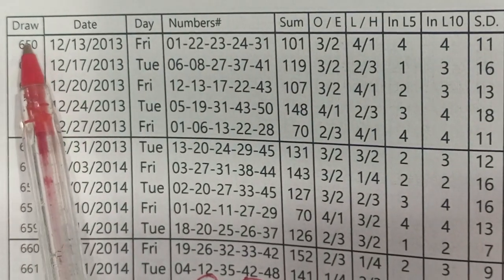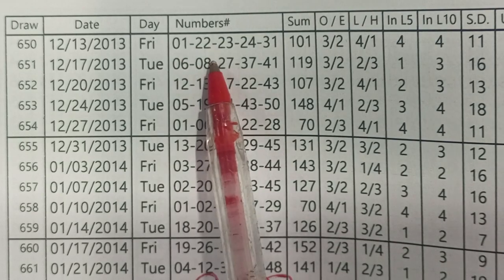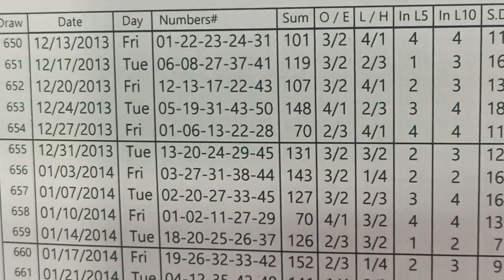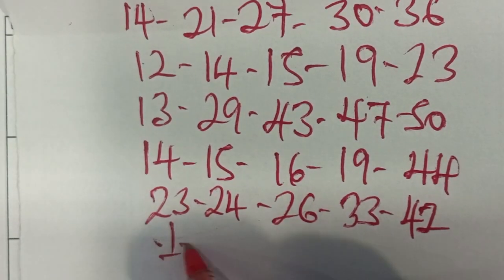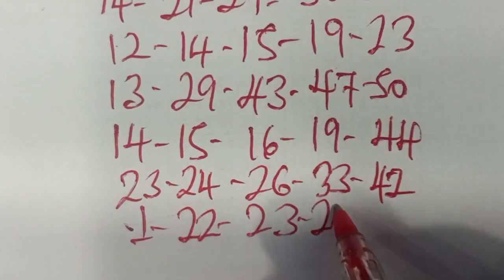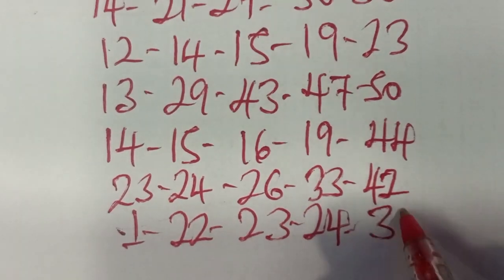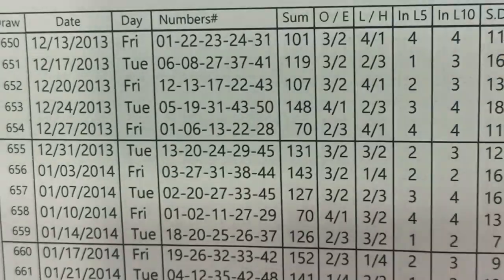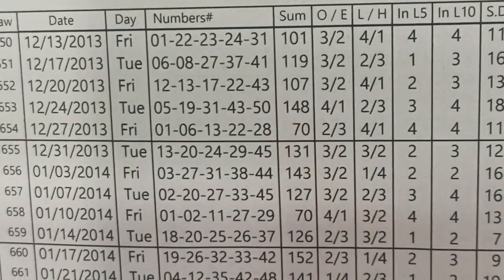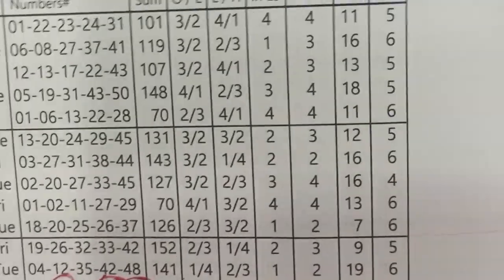So in this results number 650, we have 1, 22, 23, 24, and 31. Let's copy those numbers. All right. Now, let's go to the next, which is results number 916.